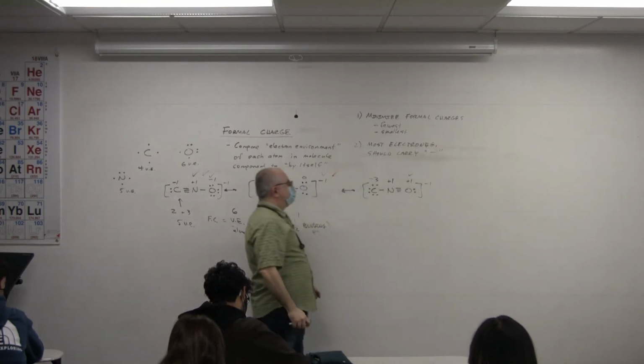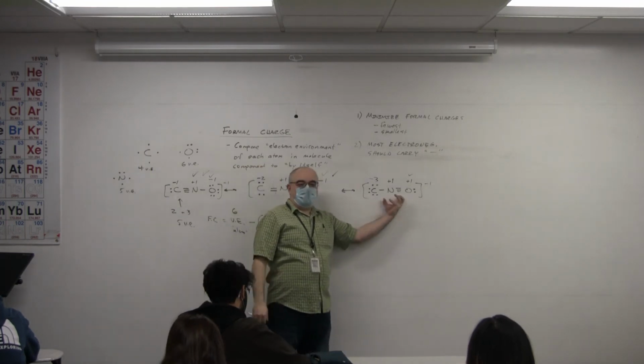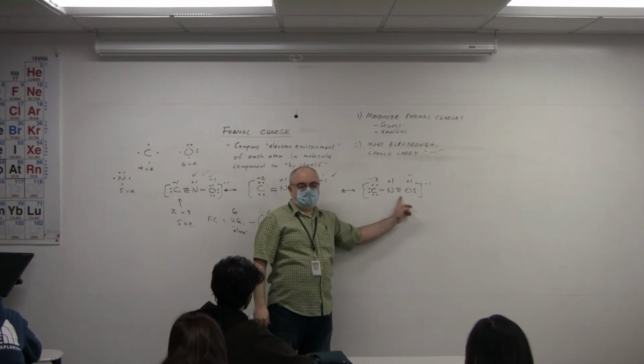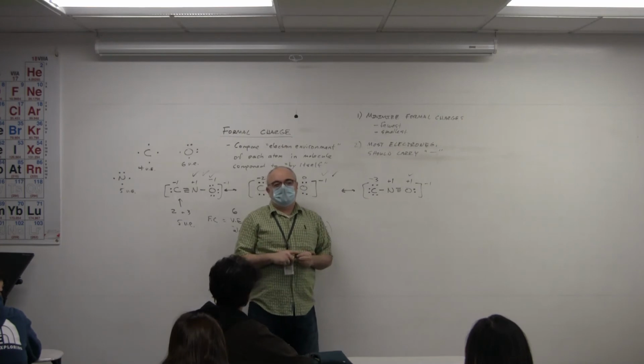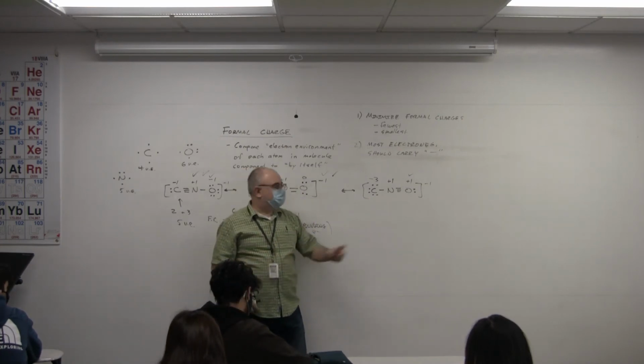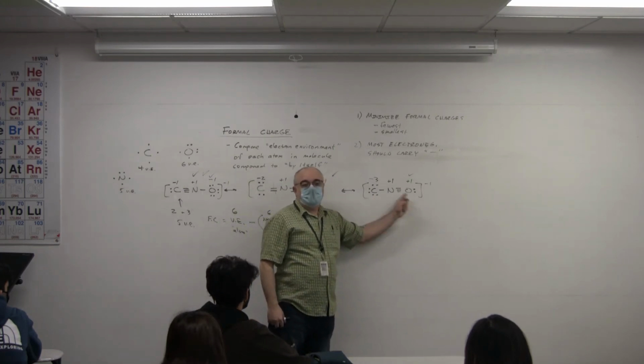In other words, does it make sense that carbon is yanking all this electron density away from these very electronegative atoms? That doesn't make sense, because it's like saying the weakest person is pulling and winning the tug of war. But these are much stronger. So this picture does not look good to me on both counts.